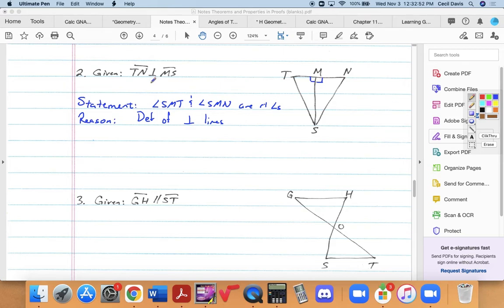The definition of perpendicular lines says that perpendicular lines make right angles. And once they make right angles, won't they be congruent after? Yes, after that, in a subsequent step. But for this, that's all we can say in this one step. We're only doing one step. Definition of perpendicular lines.